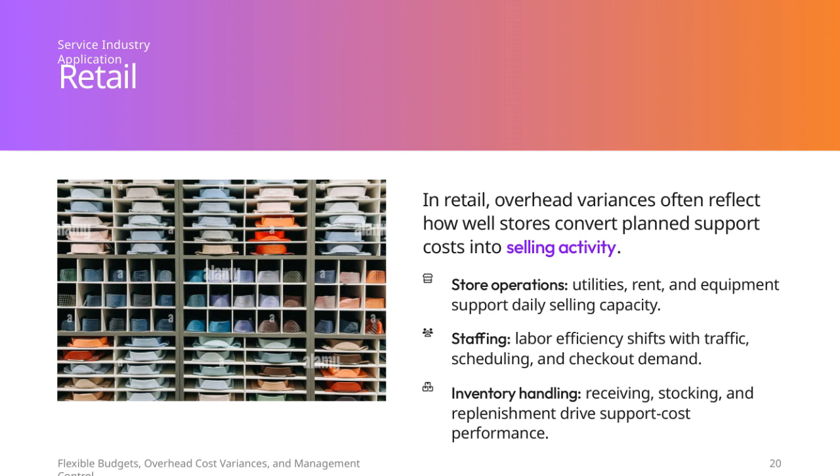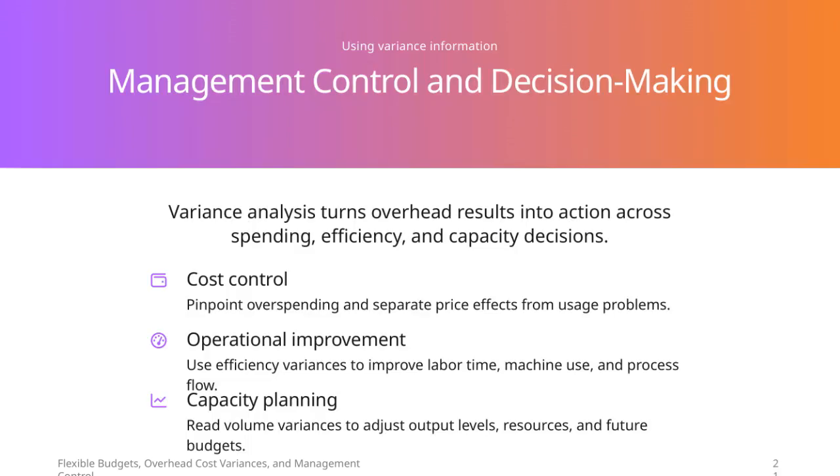Inventory handling is another big piece. It involves receiving, stocking, and replenishment, all of which impact how well support costs are managed. Understanding these elements helps us apply flexible budgets and monitor overhead cost variances more effectively, giving management better control over operational performance. Now, let's delve into how variance information plays a crucial role in management control and decision-making.